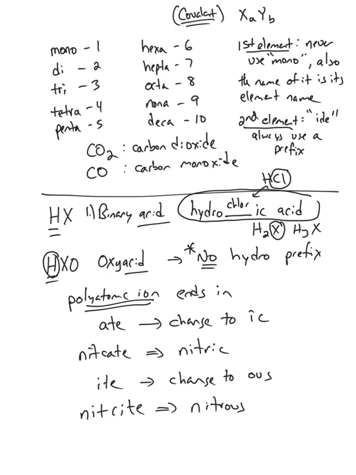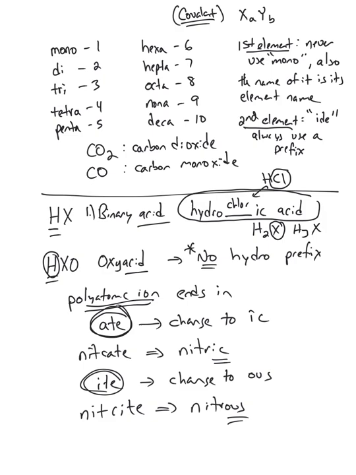If it ends in ate, ate becomes ic. So nitrate acid is actually nitric acid. If it ends in ite, it changes to ous. So nitrite acid is actually nitrous acid. And that's how we name acids.